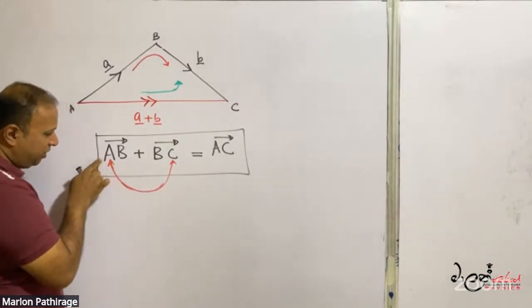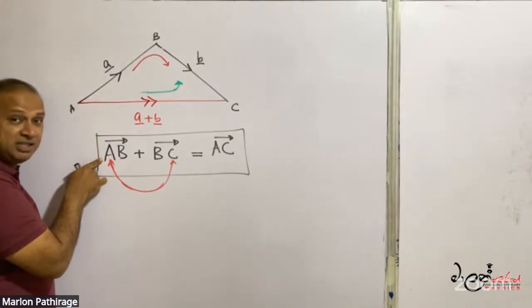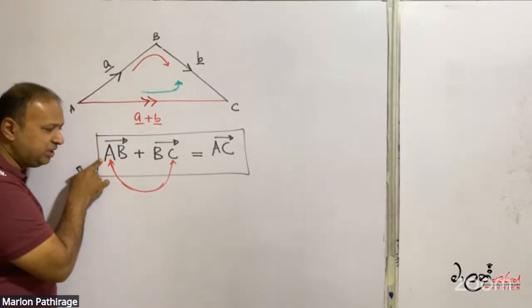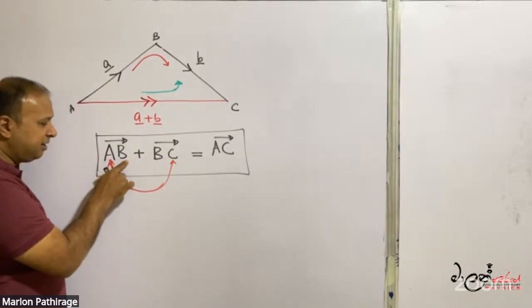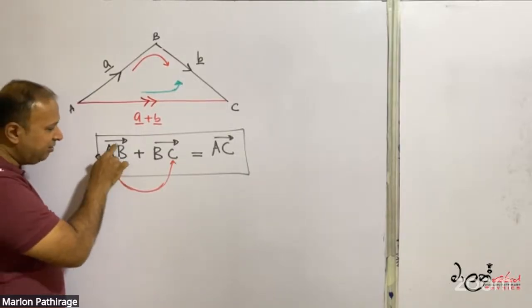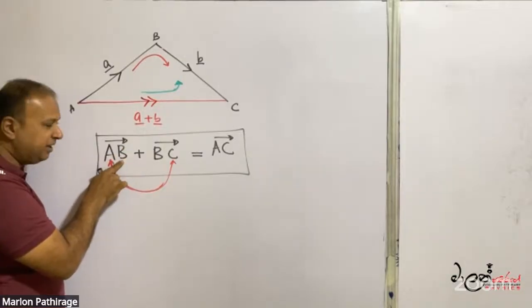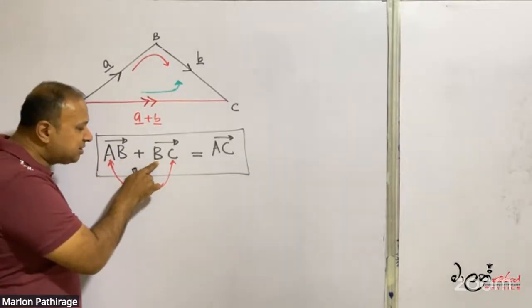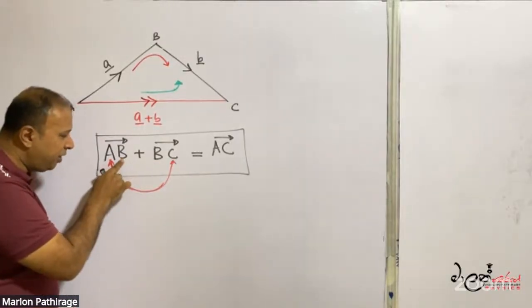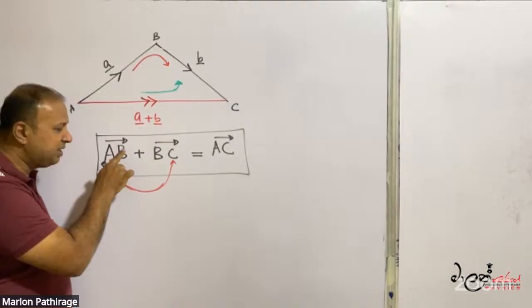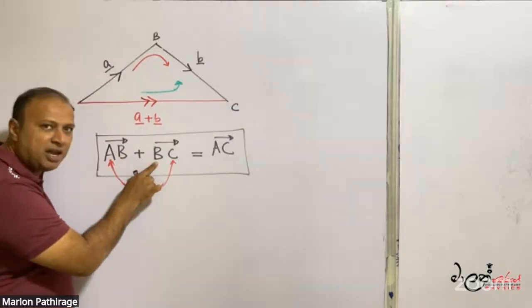This is the starting point of the first vector, and this is the end point of the first vector. The end point of the first vector is the same as the starting point of the second vector.